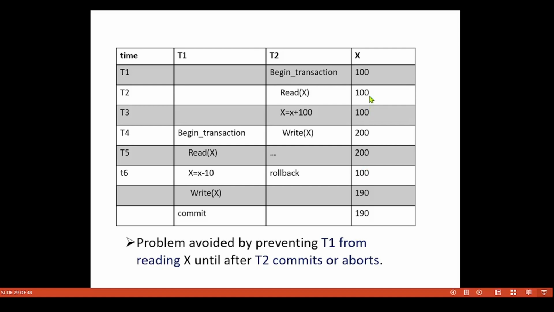When you look at the value of x from this point up to this point, it's correct, no problem, but a problem can exist here at rollback.